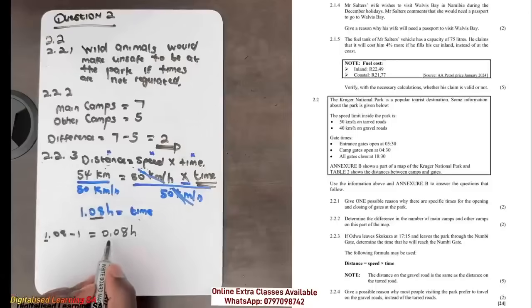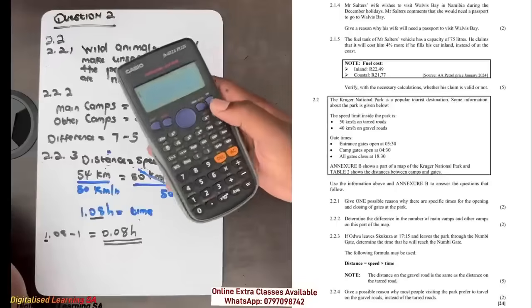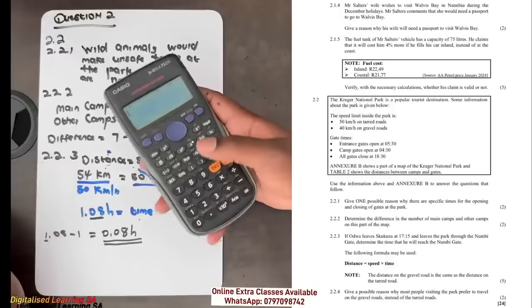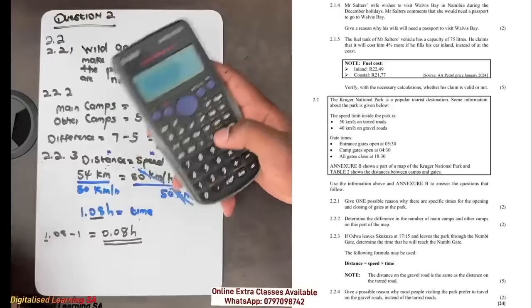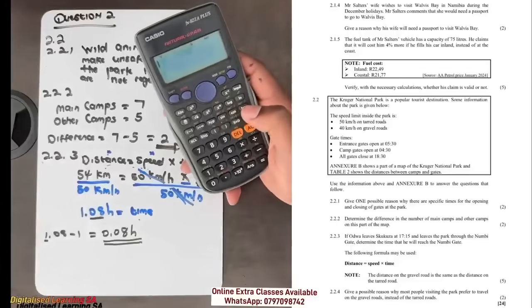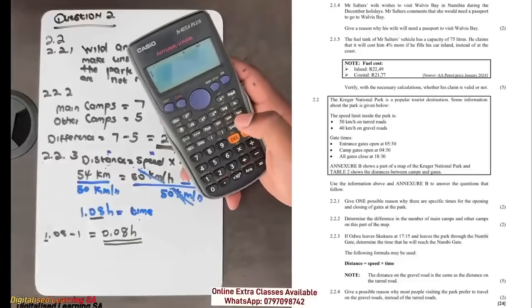Now we need to find out what 0.08 is in terms of minutes and seconds. You need to pay so much attention to this question, because I've seen this type of question so many times on so many different question papers.